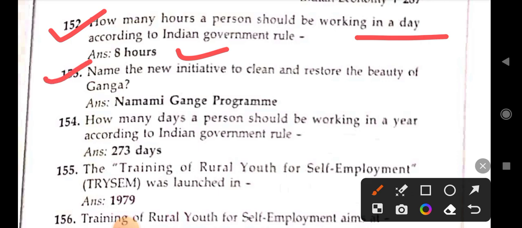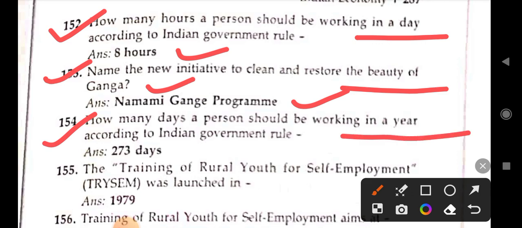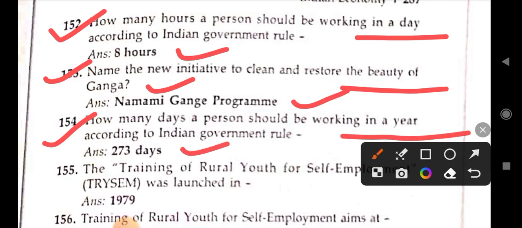Name the new initiative to clean and restore the beauty of Ganga. Namami Gange programme. How many days should a person work in a year according to Indian government rule? 273 days.